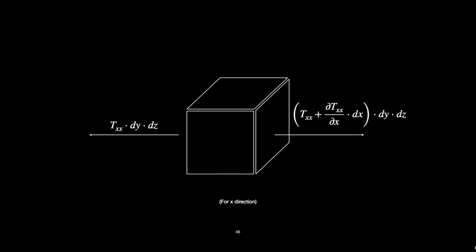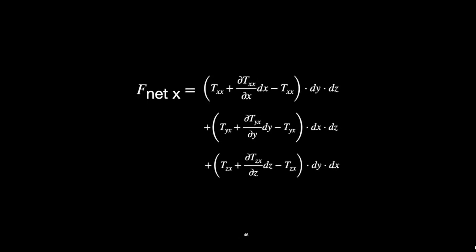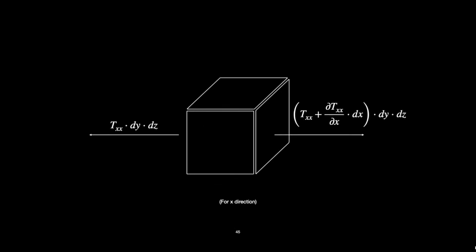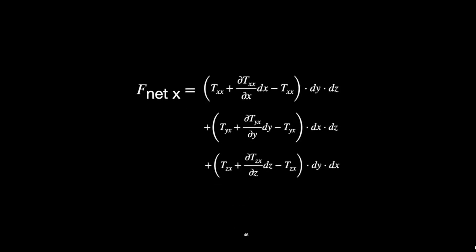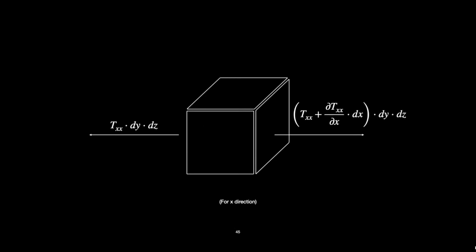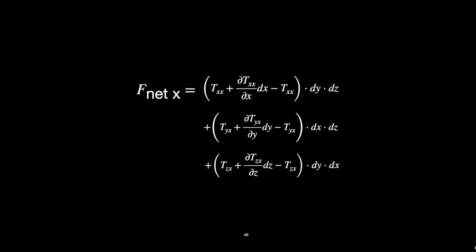That's dx dy dz; we took dy dz in common. So the net force is the left expression minus the right expression, and this whole expression is just for the x direction.